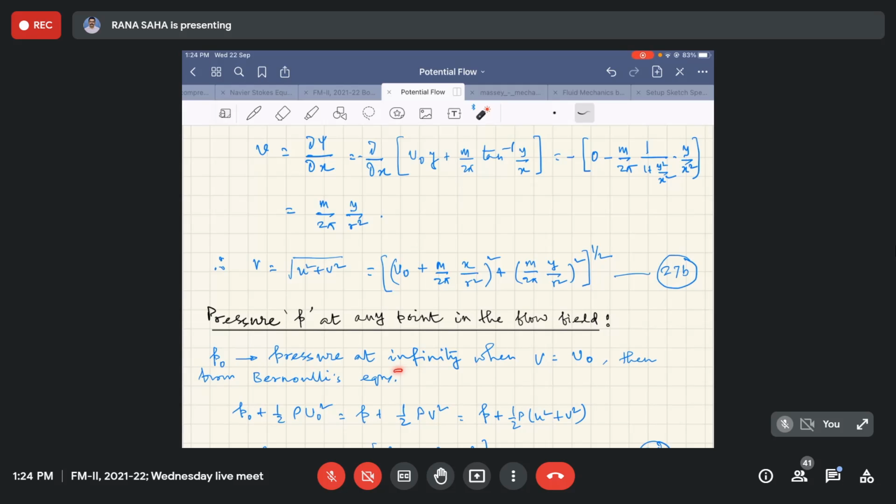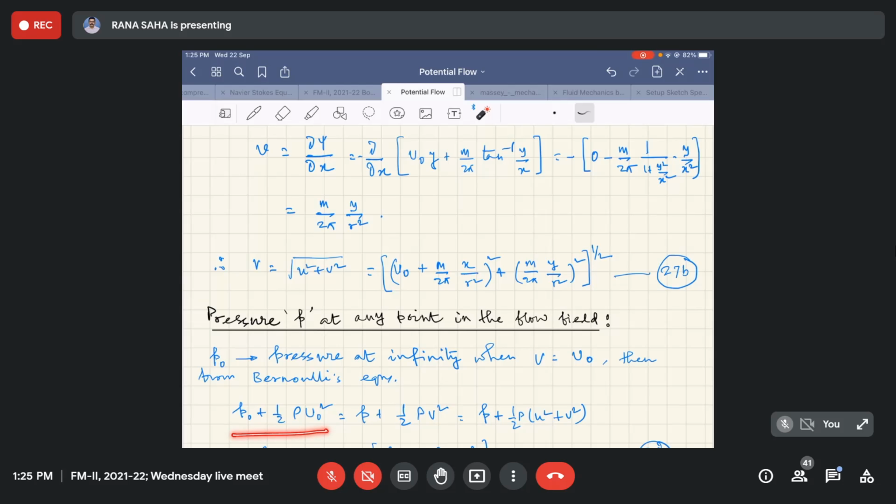This is the mathematical statement: at infinity, there should not be any effect of this combination on the uniform flow. It is some distance away where the effect is negligible on a finite scale.